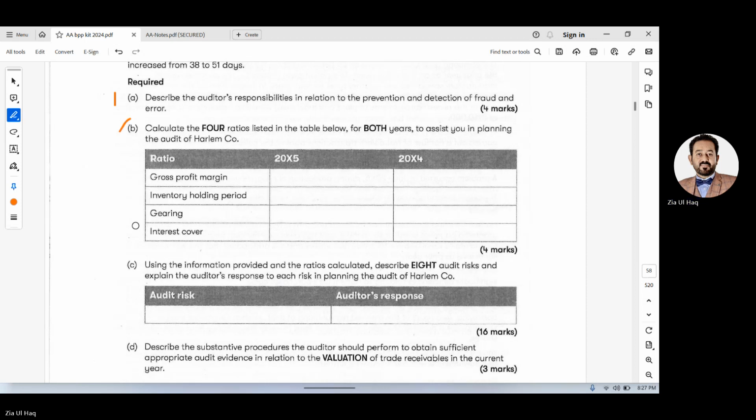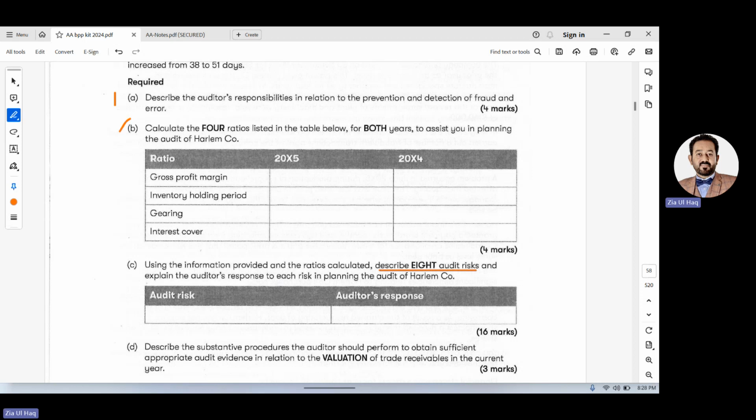Requirement C. Using the information provided and the ratios calculated, describe 8 audit risks. From the ratios, can we identify risk? Gearing has increased, interest cover has fallen. This means the company is struggling in cash flow.